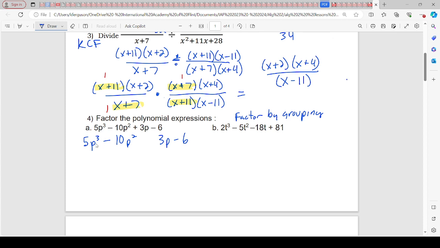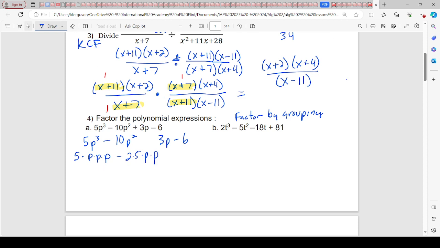So what do these first 2 terms have in common? Okay, they can both be divided by 5, and they both have a couple p's. If it's hard for you to see, I could say 5 times p times p times p. That's what 5p to the third power is. And then I've got 10, that's 2 times 5 times p times p.